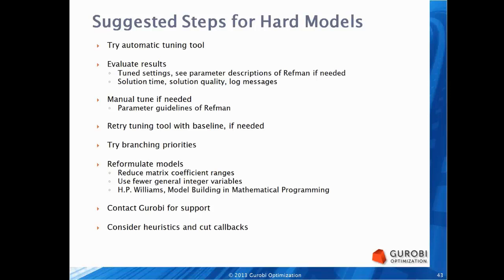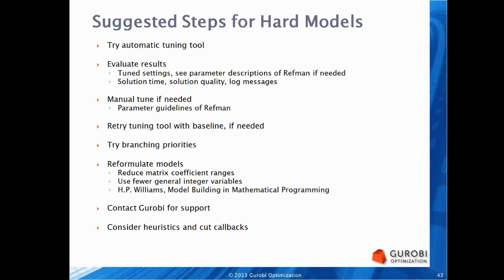Then try the automatic tuning tool first, and then look at the result to see whether you are happy. If not happy, then you maybe look at the result and do some manual tuning, and you can look at the parameter guidelines. And then if needed, you can retry the tuning tool, adding some parameters as baseline.